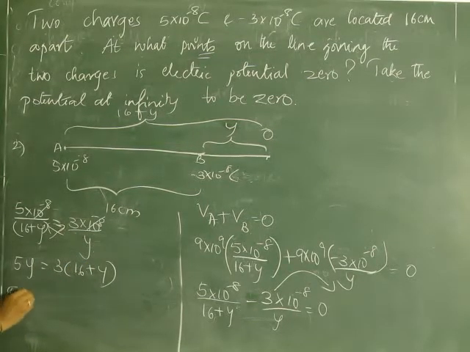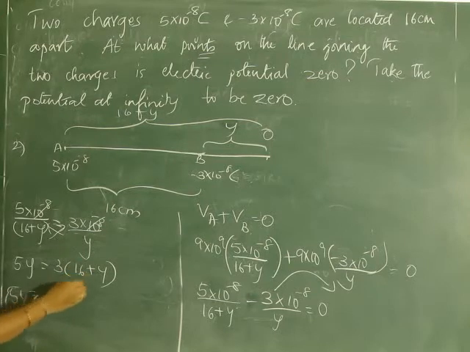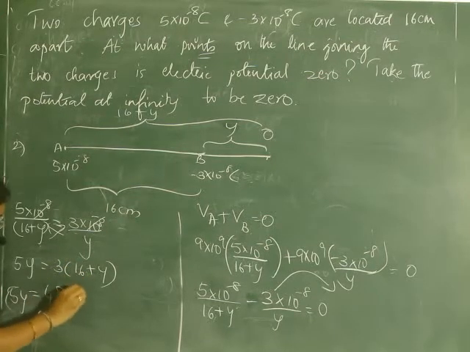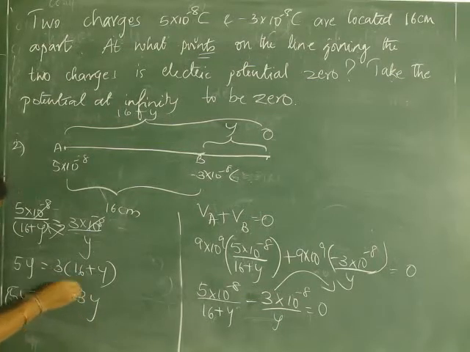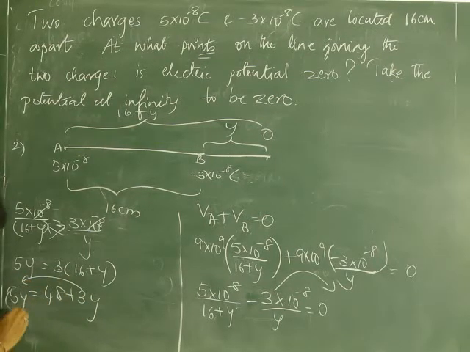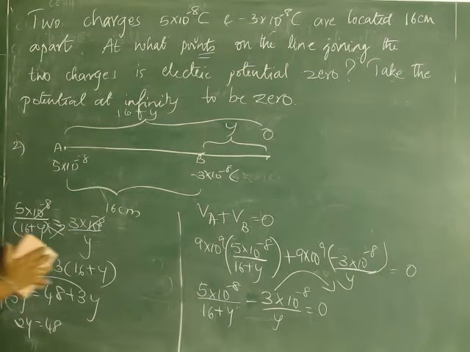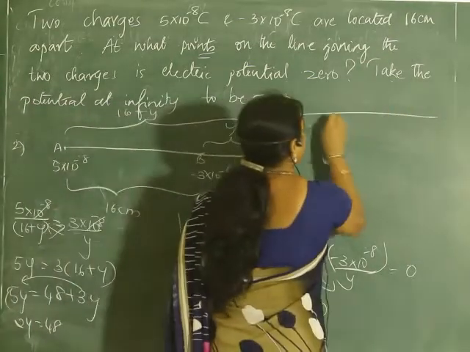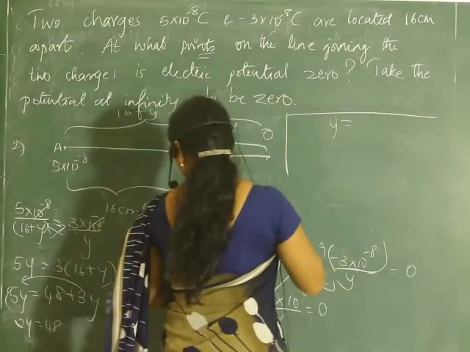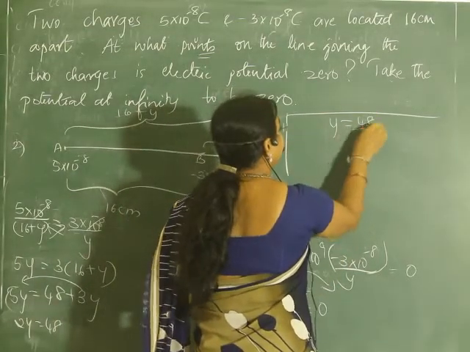So 5y is equal to 16 3s are 48 plus 3y. Let us take 3y to the other side. So we get 2y is equal to 48 and y is equal to 48 by 2.